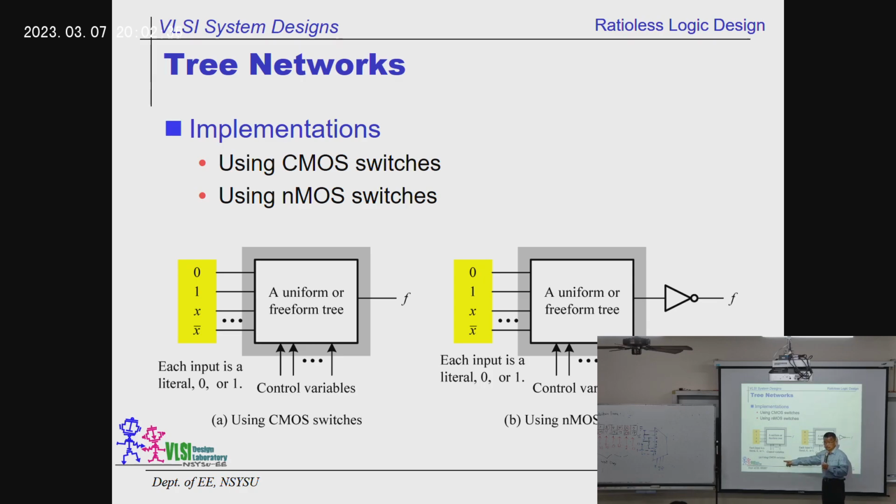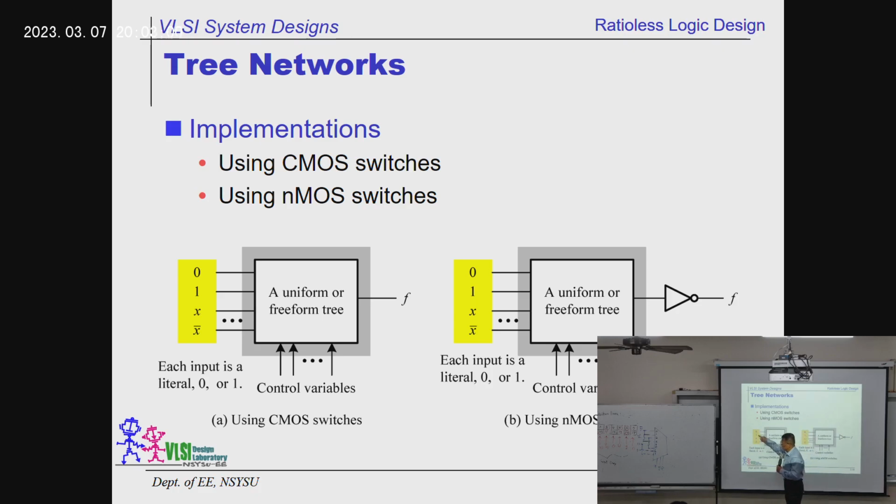And this one uses the transmission gate. Every switch is composed of 2 devices, N and P. You check that here you have 0, 1, X, X bar. So we have 4 different selections. You don't know how many lines you need, but at least you understand one thing: we need 4 selections.